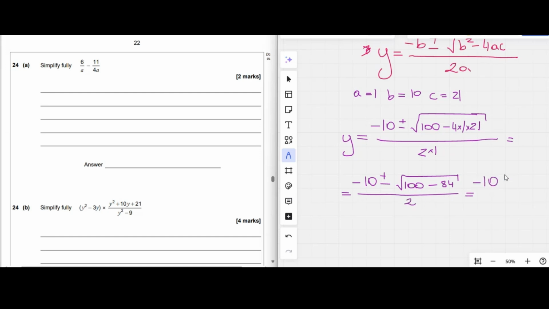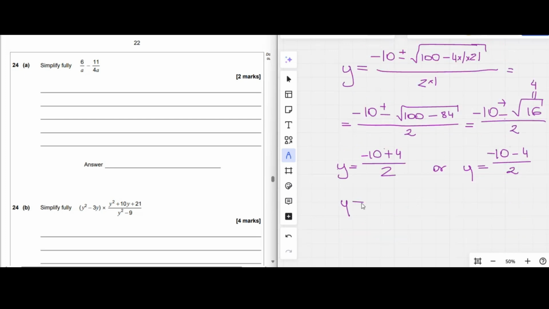So it's minus 10 plus minus the square root of 16, divided by 2. So y is minus 10 plus 4 over 2, or y is minus 10 minus 4 over 2. So one y will be minus 10 plus 4 is minus 6 over 2, negative 3. Or y is negative 14 over 2, negative 7.